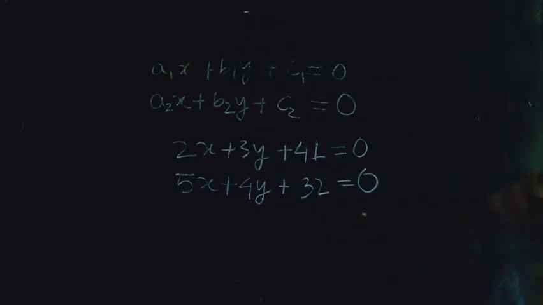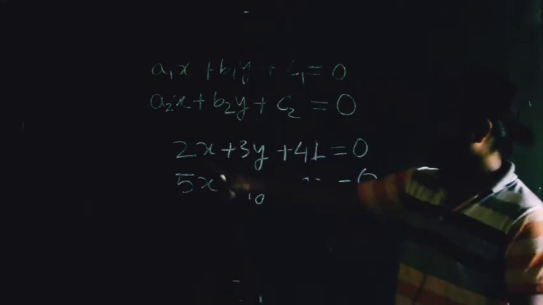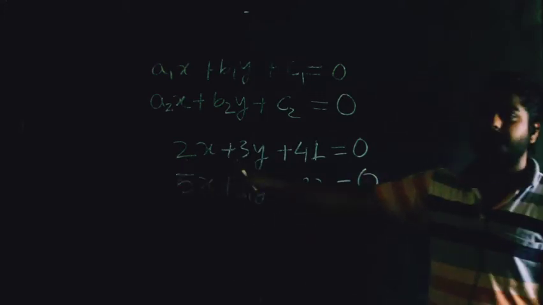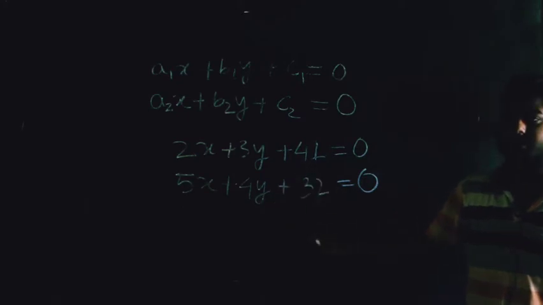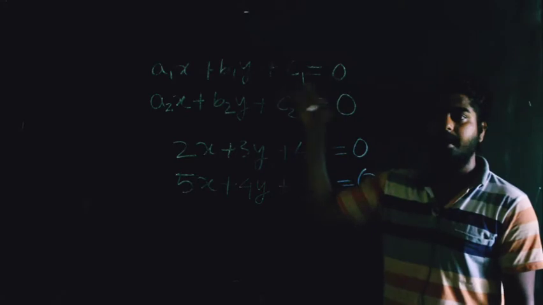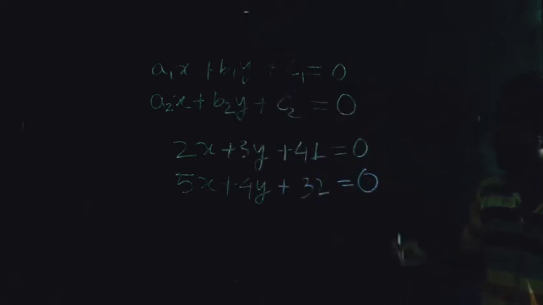This one is a1, a2, b1, b2, c1, c2. This is a particular equation, and we can say by comparing it to the standard equation.